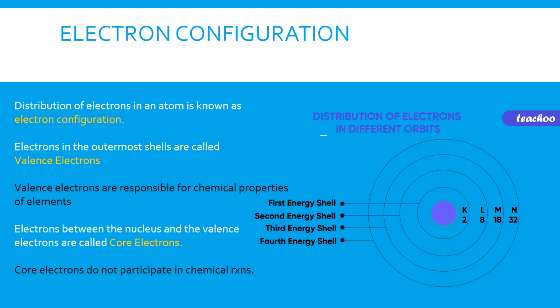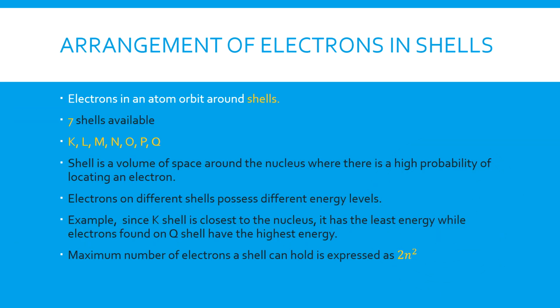When I say K and M, you can tell me that the M shell has a higher energy level than the K shell. So that's what I just explained, that electrons on different shells possess different energies.